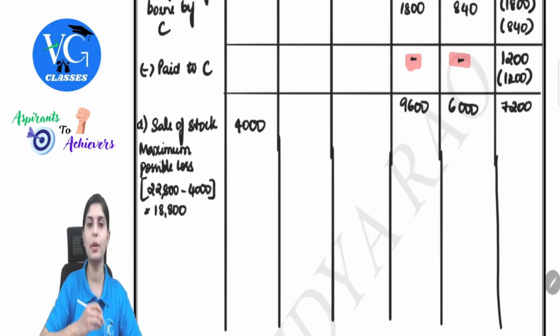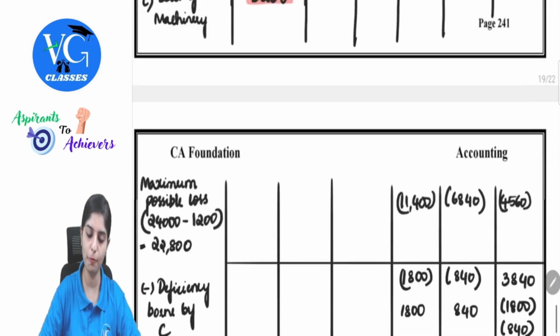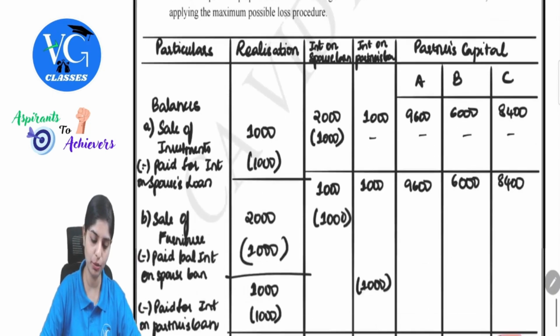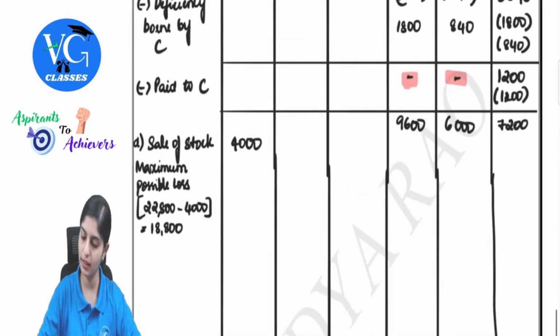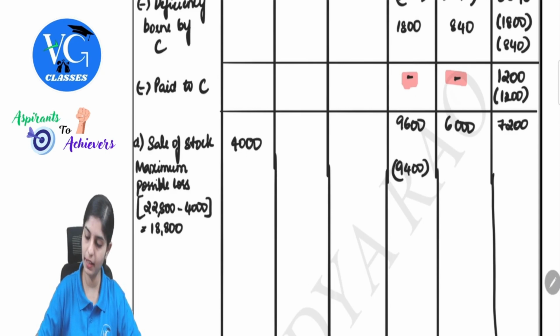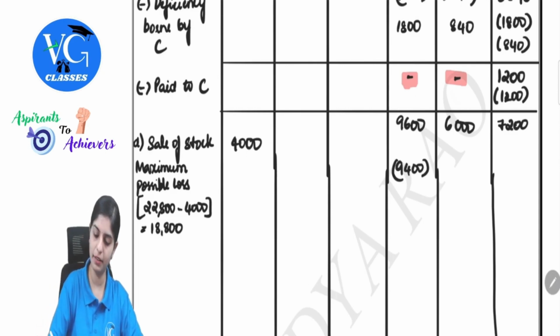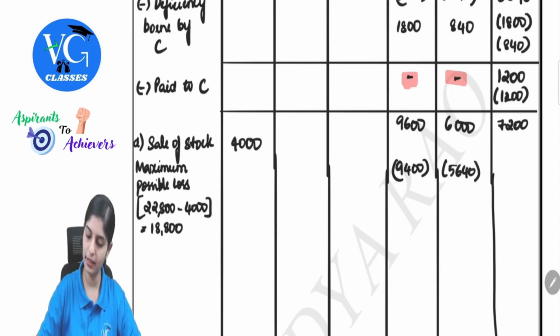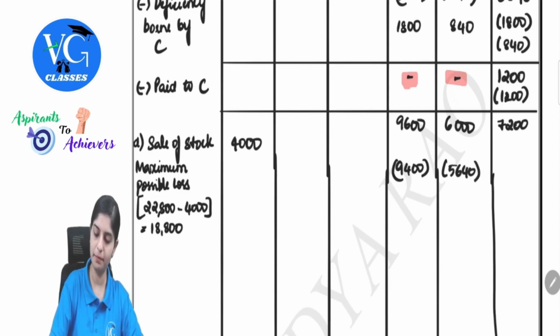Now this needs to be apportioned between partners in their profit sharing ratio, 5:3:2. 18,800 into 5 by 10 is 9,400. 18,800 into 3 by 10 is 5,640. 18,800 into 2 by 10 is 3,760.